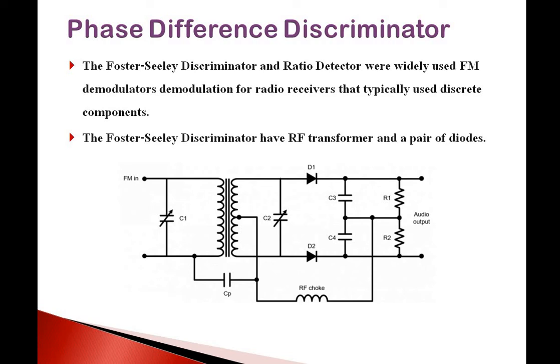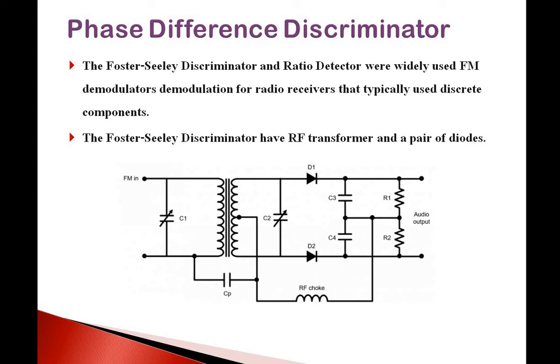For any bigger receivers, we go for the phase difference discriminators, that is, the Foster-Seeley detector and the ratio detector. These two demodulators are similar, and they are mainly used for radio receivers where you use discrete components.